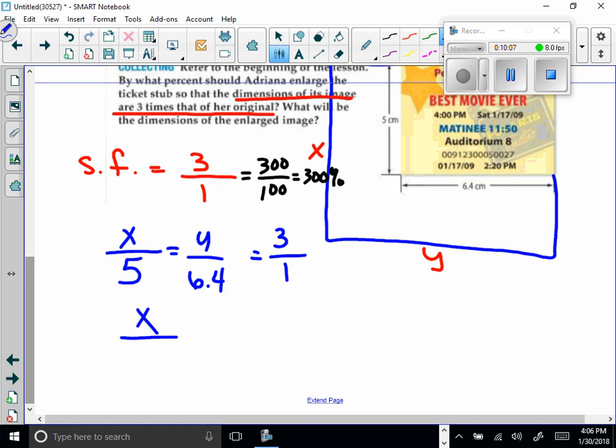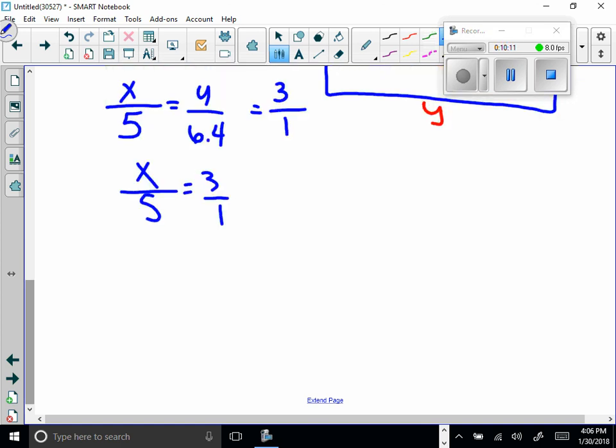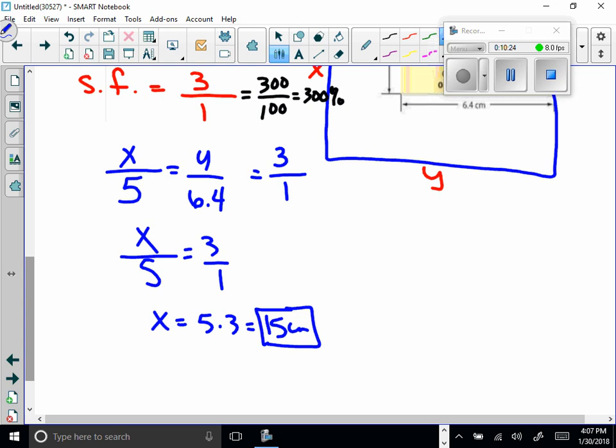So for the x, I have x over 5 equals 3 over 1. And when you cross multiply, I'm going to get x equals 5 times 3, or 15. And then I'm going to solve for the y and have y over 6.4 equals 3 to 1.